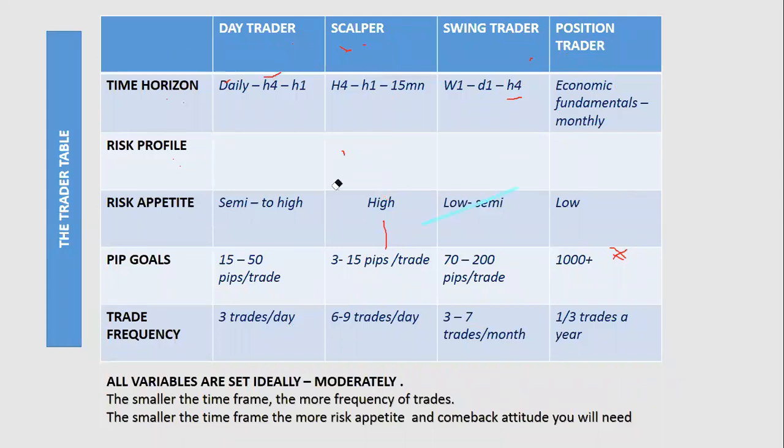And the position traders might go years without taking any trades. They are looking for 1 to 3 trades a year. They've analyzed the US economy for the past year, and they are waiting for something to happen before they invest in the US. And that's all they need. And they just watch it go.